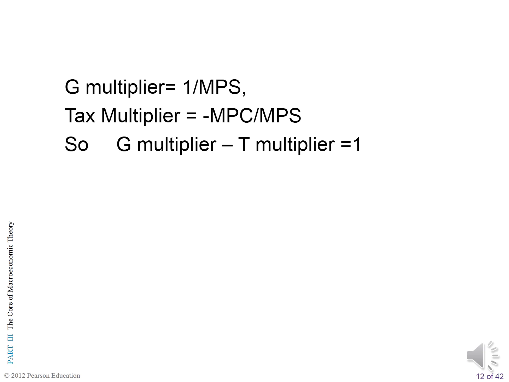The relationship between them equals 1. The difference between them in absolute value equals 1. What does absolute value mean? If marginal propensity to consume equals 0.75, the G multiplier equals 4 and the T multiplier equals negative 3.